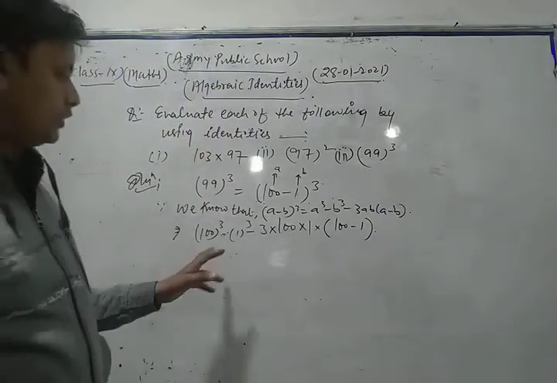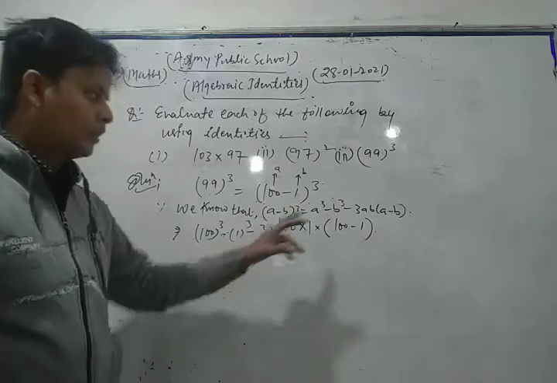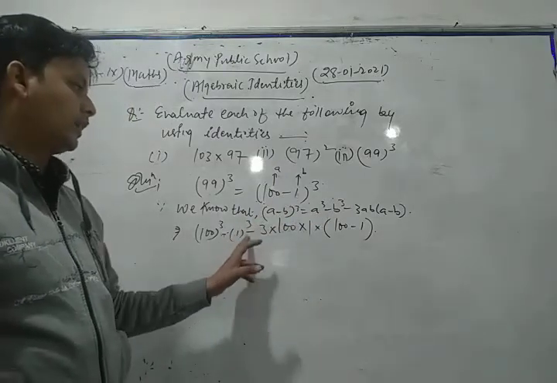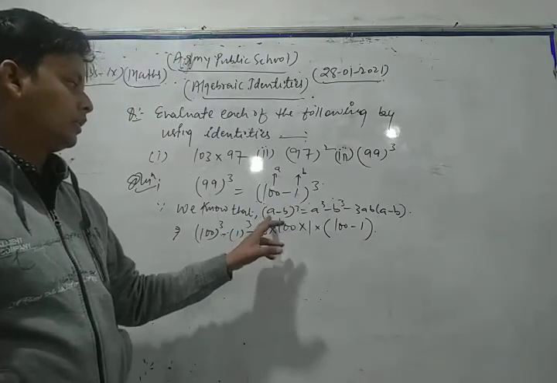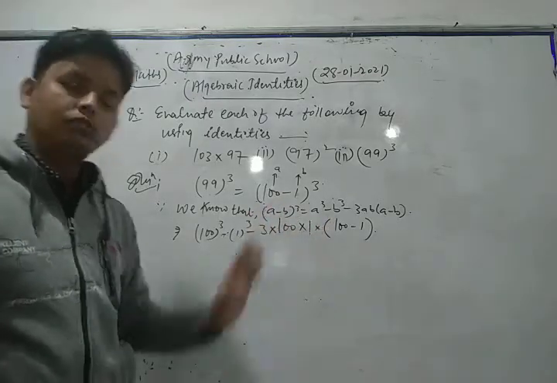So in this way, a cube is 100 cube, minus b cube, which is 1 cube, minus 3 into a into b, where a is 100 and b is 1, in bracket a minus b, that is 100 minus 1.